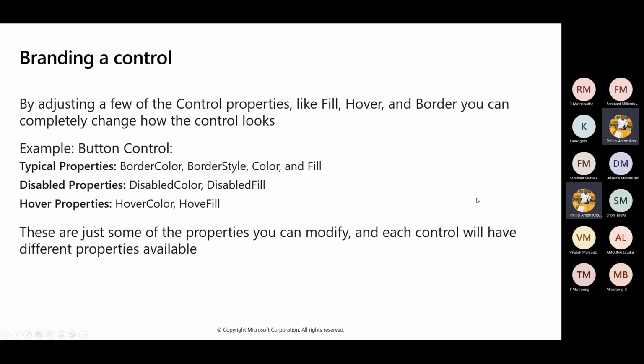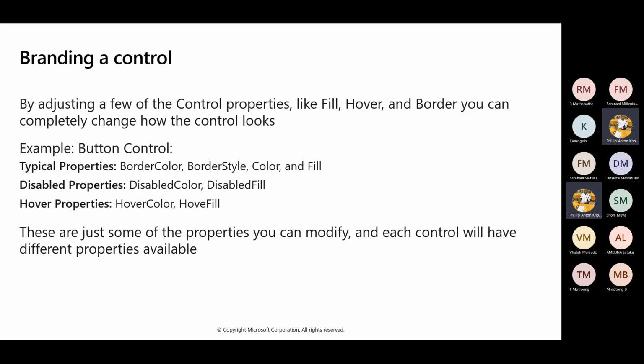So you can definitely customize your app by adjusting a few of the control properties, like fill, hover, and the border of each and every control that you might have. You can completely change how the control looks.